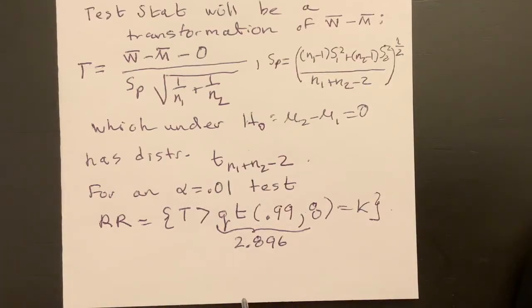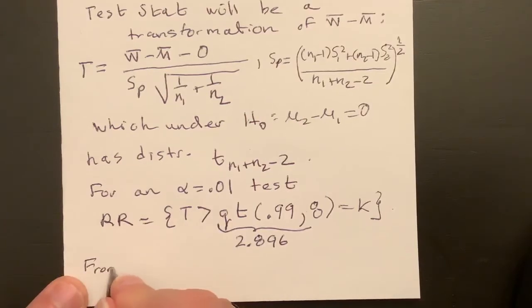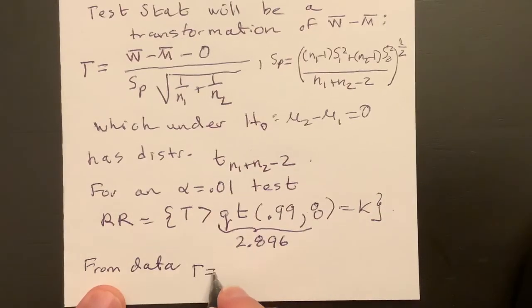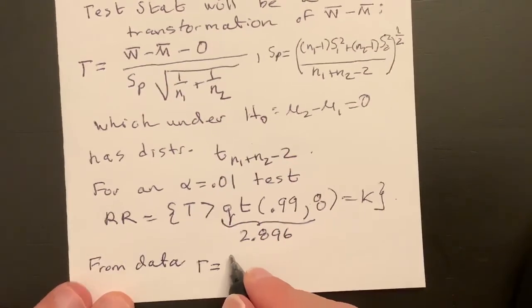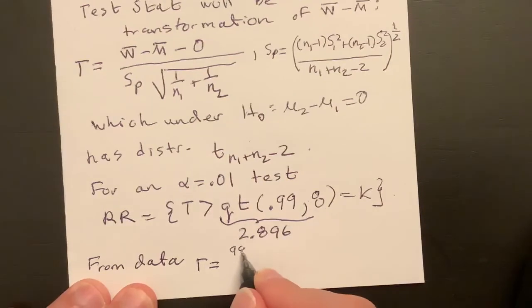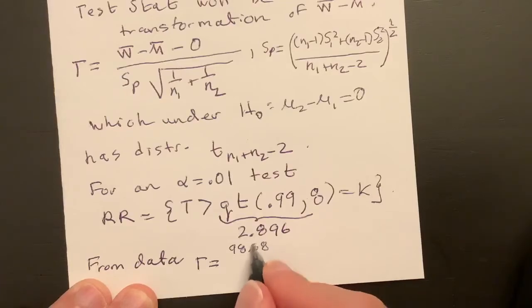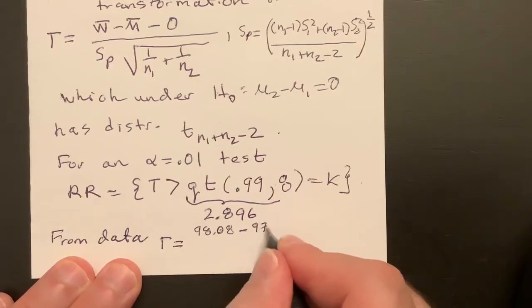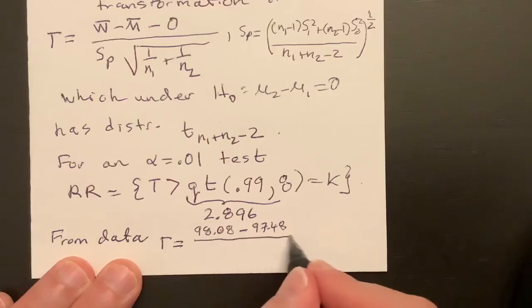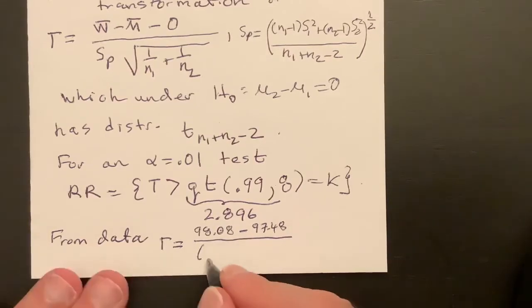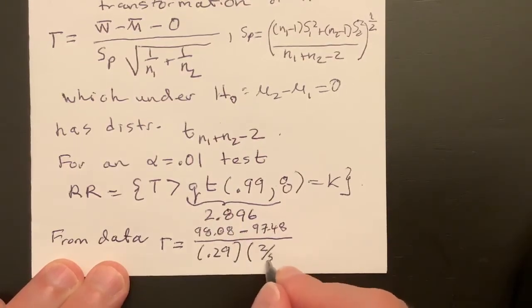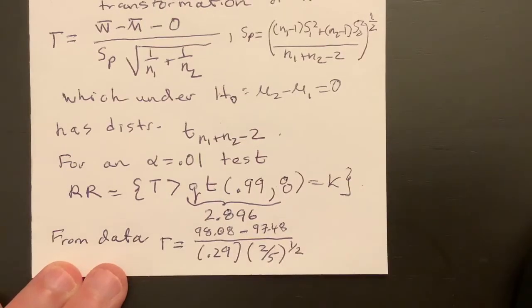And from the data, we find that T is equal to, let's see, I got the mean for the women's temp is 98.08 minus the mean for the men, 97.48, divided by the pooled variance 0.29 and the square root of 2/5, since each group has 5.